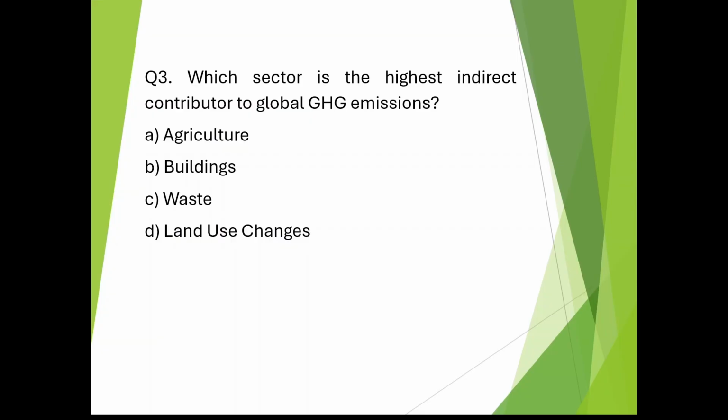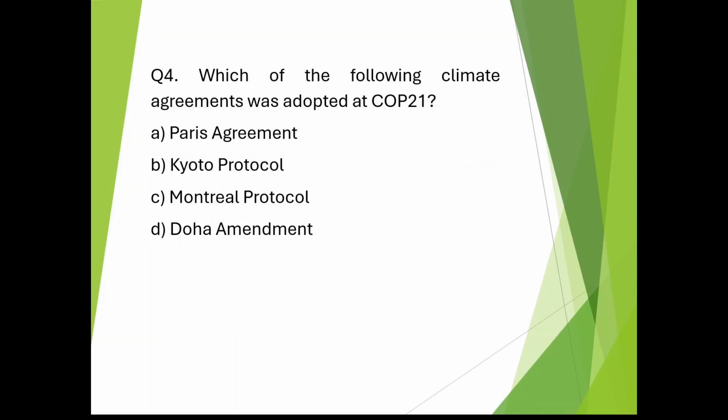Indirect emissions refer to the embedded emissions in construction materials like cement and steel. Is it clear? Option B is the right answer. Let's move to the fourth question.